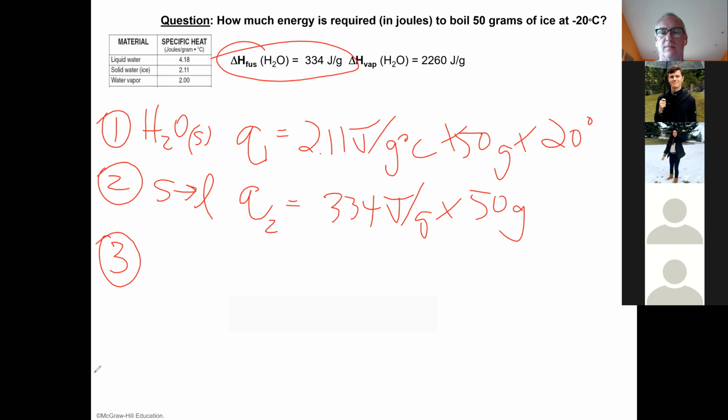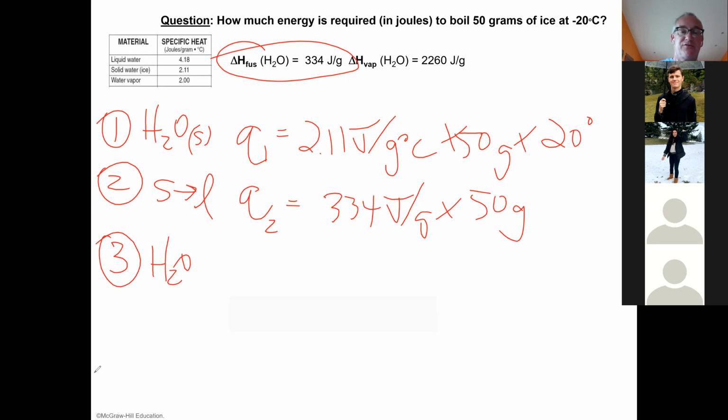Amount of energy to heat it up to boiling. What phase of water do we have? Liquid. Just liquid. We're not going to consider converting it to gas until we get to the boiling point.